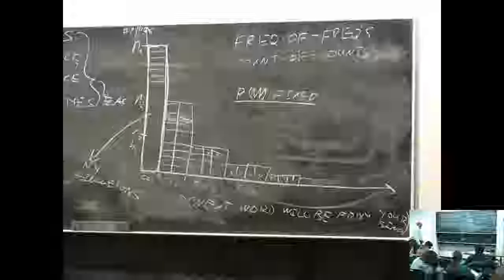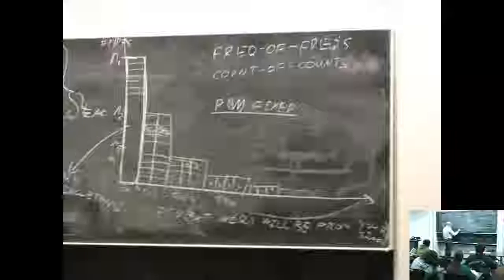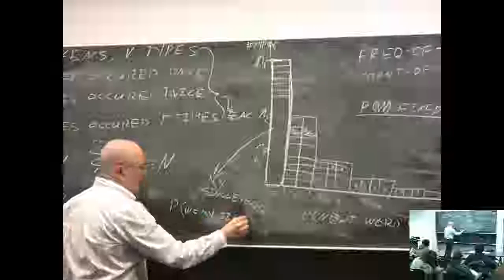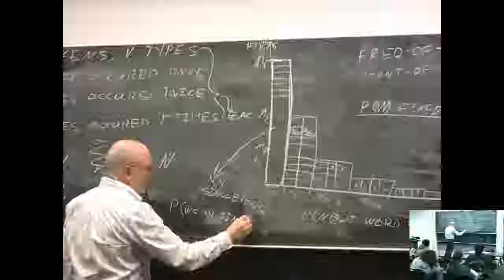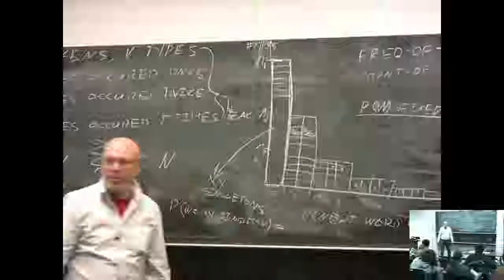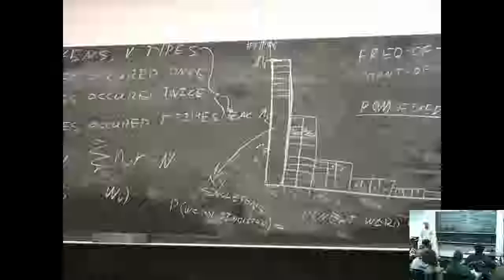And the maximum likelihood estimate of that, P(word is my singleton), or your singleton, whatever. Do you remember what the maximum likelihood estimate was? It's the relative frequency. What's the relative frequency estimate?